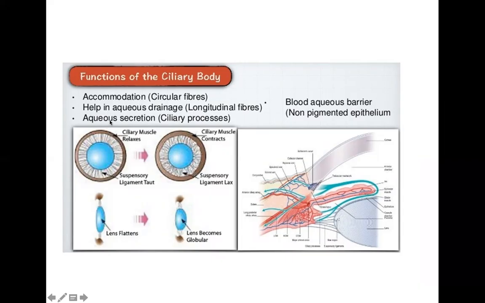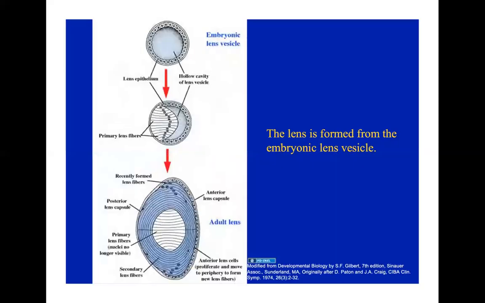This one also secretes your aqueous humor, and this also helps in the drainage of the aqueous humor, usually in the anterior chamber. Okay, so you have your blood aqueous barrier that is made up of the non-pigmented epithelium in the retina.